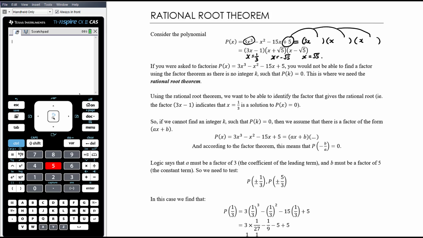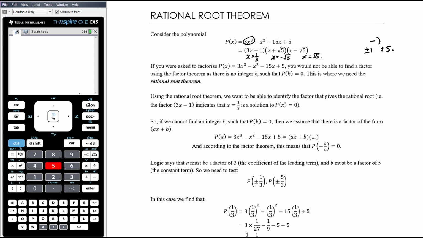So the only factors that could possibly go in these brackets would be plus or minus 1, plus or minus 5. They'd be the only integers we need to try. There's no point in trying p of 7, because x minus 7 is not going to be a factor. 7 doesn't go into 5. That wouldn't give a plus 5 on the end of the polynomial.